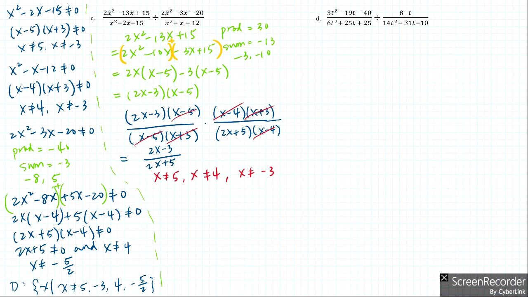So if we look at the domain restriction over here, we would actually have just the domain based on 2x plus 5 not equal to 0. So altogether, we would get that x such that x doesn't equal negative 5 over 2 is going to be the domain.